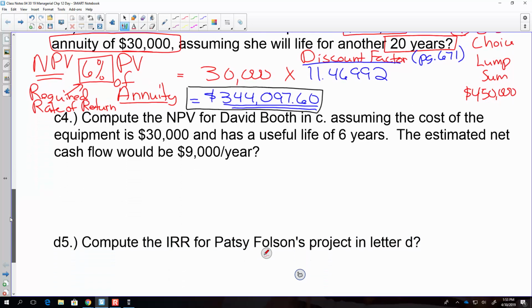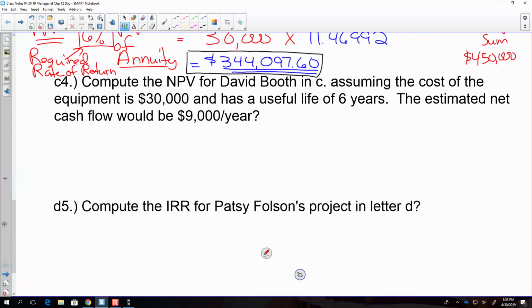All right, C. David's looking at a new investment. The equipment costs $30,000. He estimates that he'll gain $9,000 per year for 6 years.